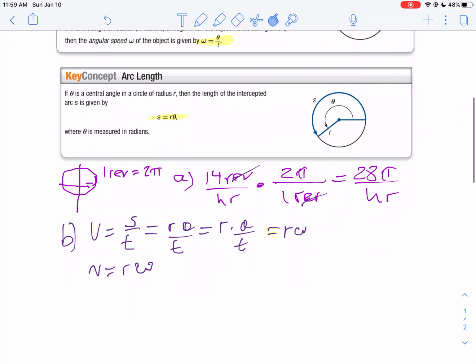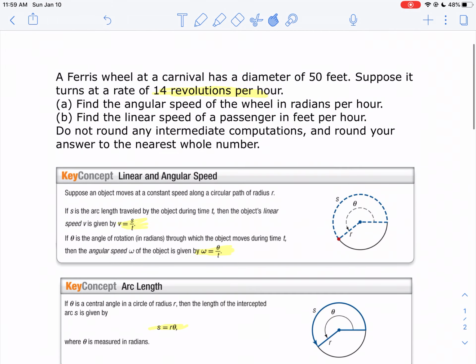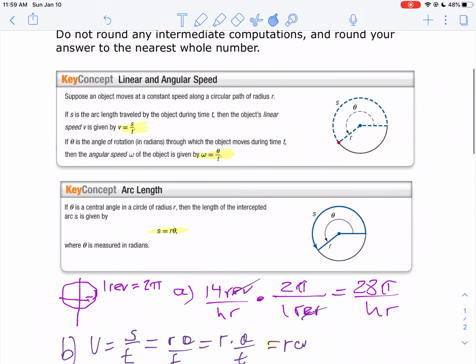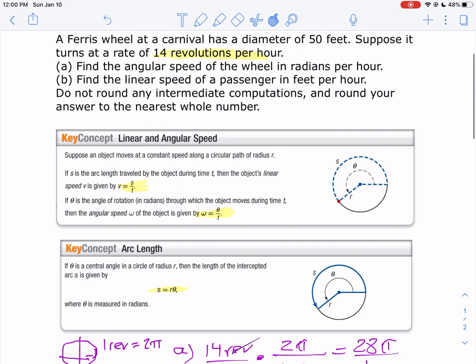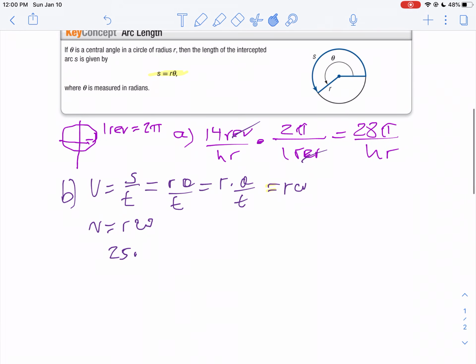On this particular problem, our radius is 25 feet because the diameter is 50. So we're going to say 25 feet times our angular speed, which we just figured out in the previous question, is 28 pi per hour.